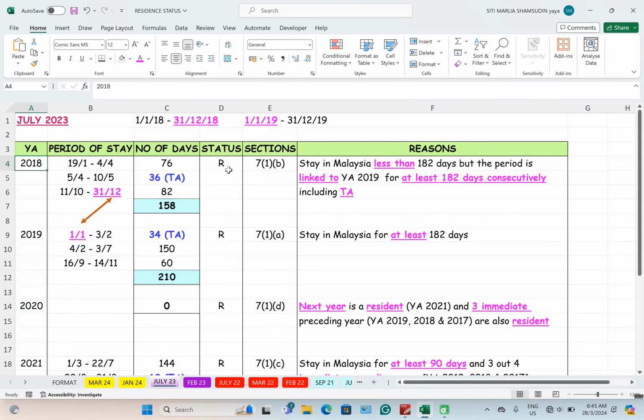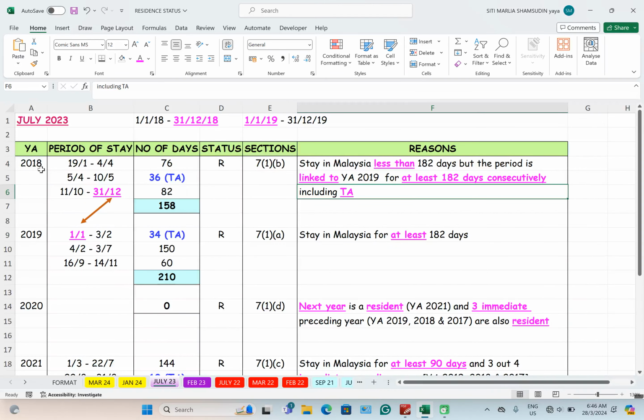Of course, this one is resident under Section 7, subsection 1B. How do we give reasons? Stay in Malaysia less than 182 days, but the period is linked to 2019, for at least 182 days consecutively, including TA.